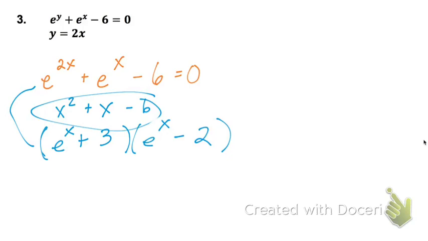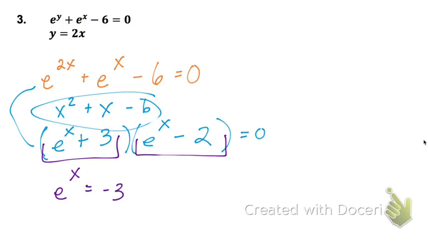So when you're solving, you're setting each one inside equal to 0. So e to the x equals negative 3 and e to the x equals 2.